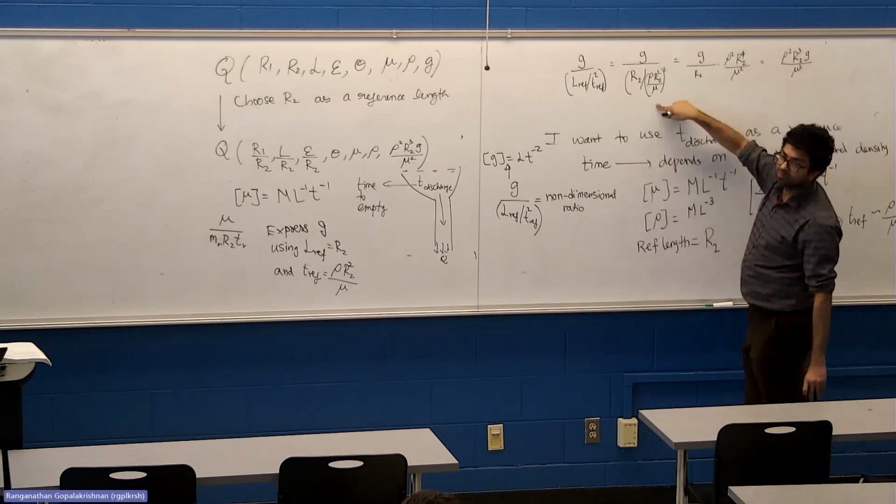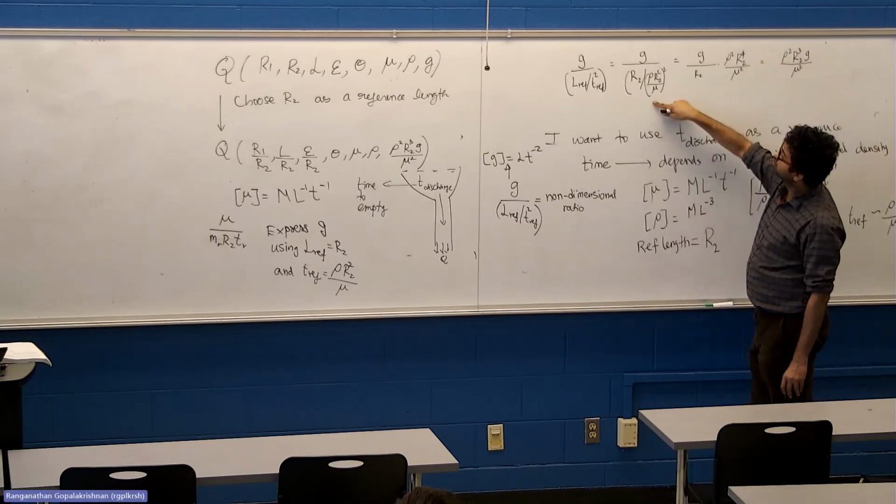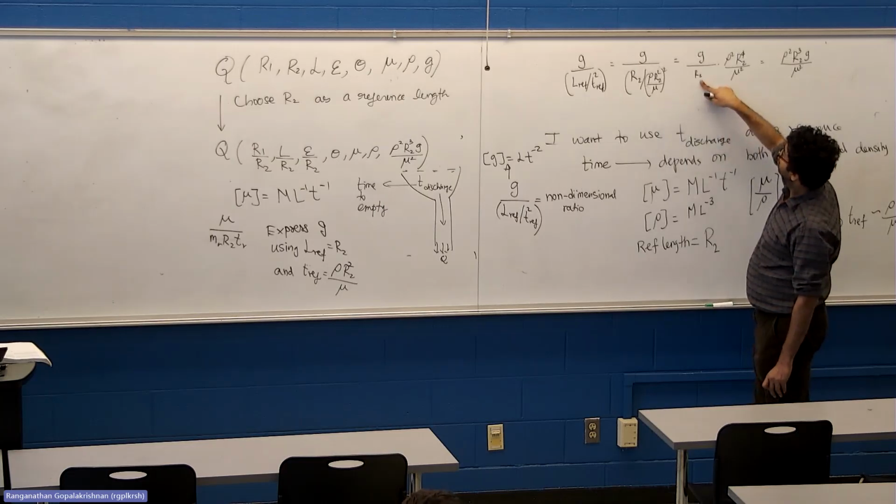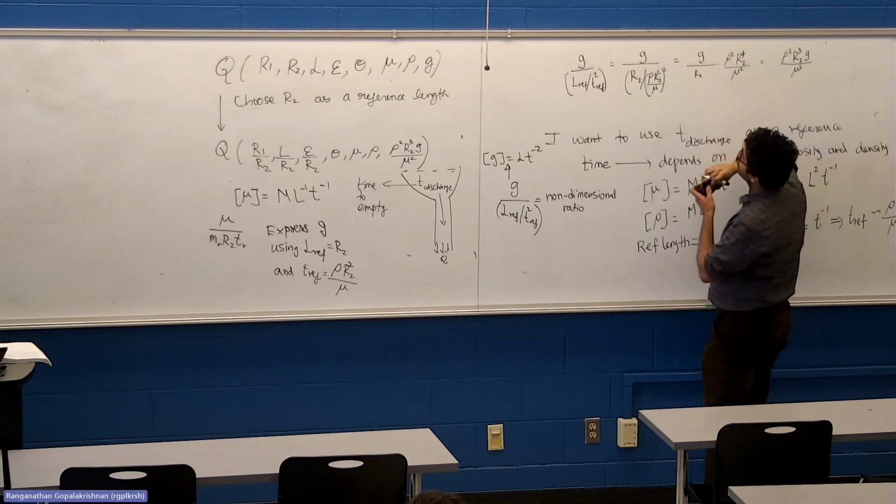Sorry, what should I do? You change the divide to a multiply, keep g over r2, and then flip the last fraction, rho r2 squared over mu.